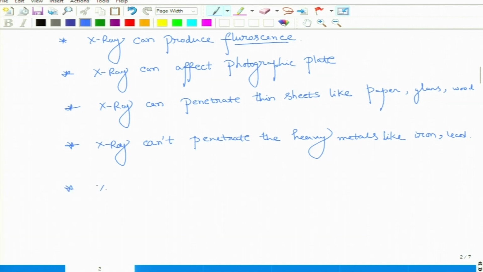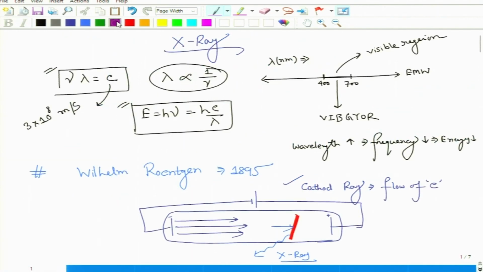And these X-rays are actually not streams of charged particles. How can it be confirmed? It can be confirmed easily. In the path of the emitted X-ray, if you put an electric field, plus and minus, it will not be deflected.